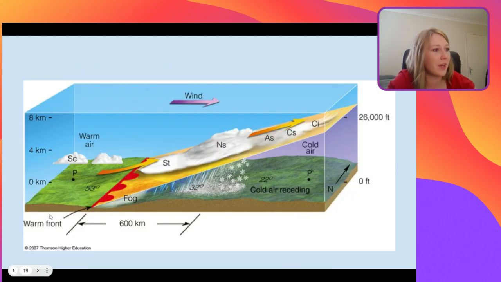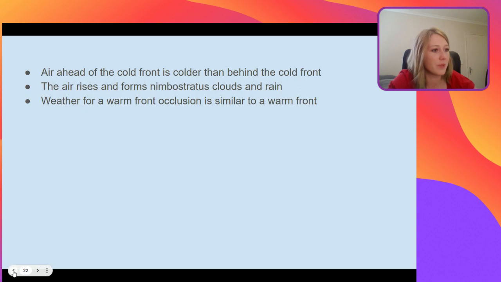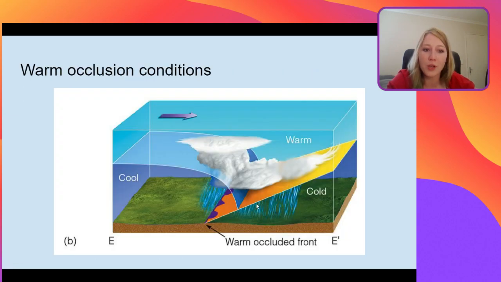And then if I compare the warm front over here, sorry, to the warm occlusion, you'll see that same little slope, that gentle incline, similar to when we had the warm front.